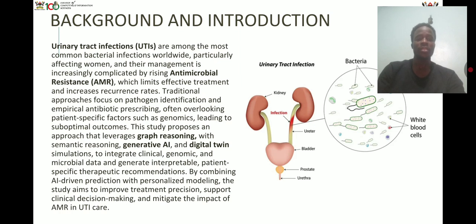The other keyword is precision medicine, a term used to refer to tailoring medication according to specific characteristics of an individual. These include, but are not limited to, their genomics, their gender, or their race, for example.